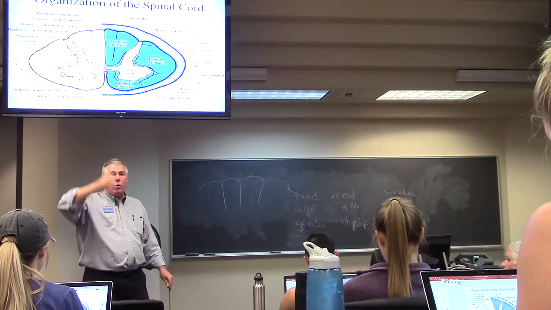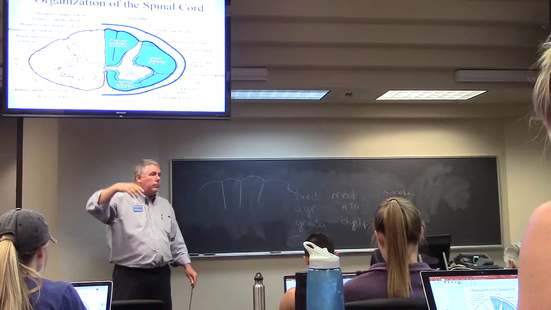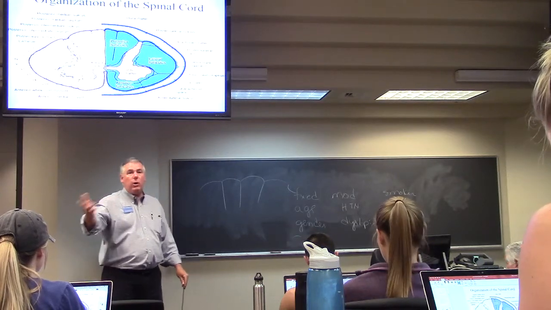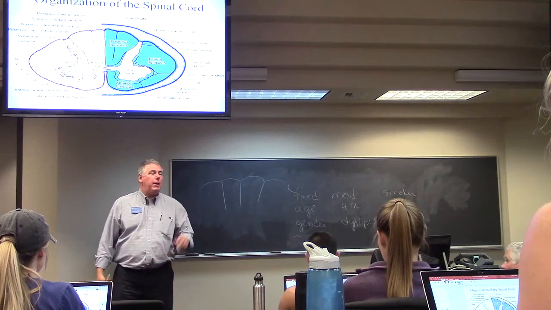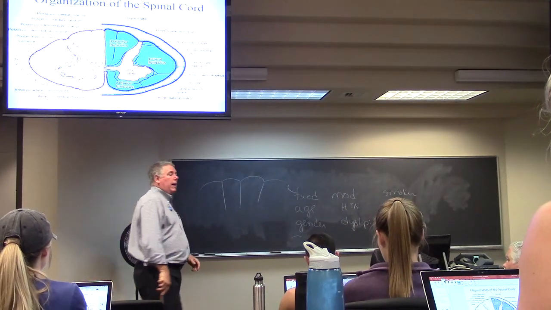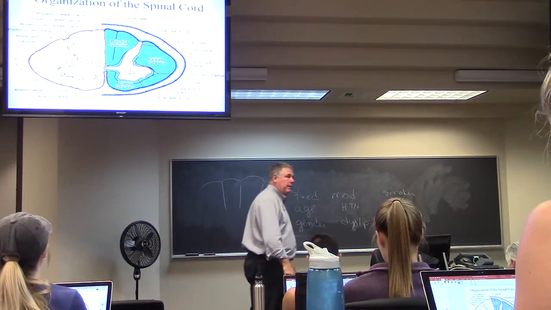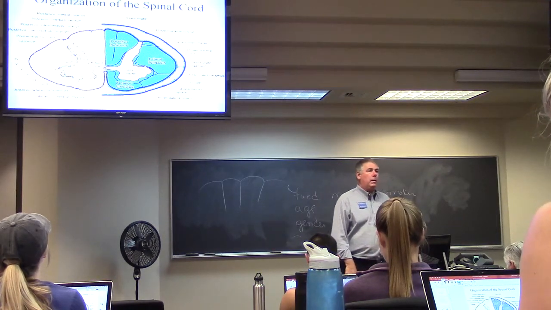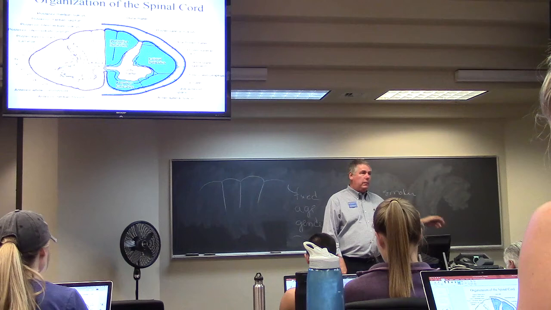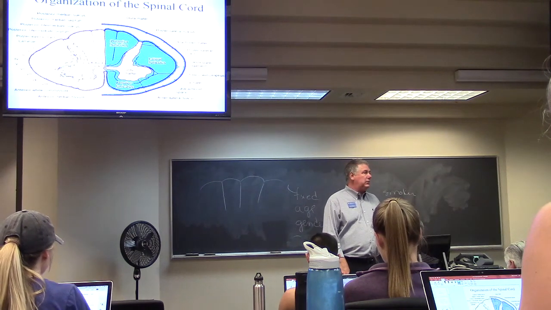It's just an interneuron. The projections just go to the next level or two. Lamina 2 is called the substantia gelatinosa, like gelatin-osa. Substantia gelatinosa.